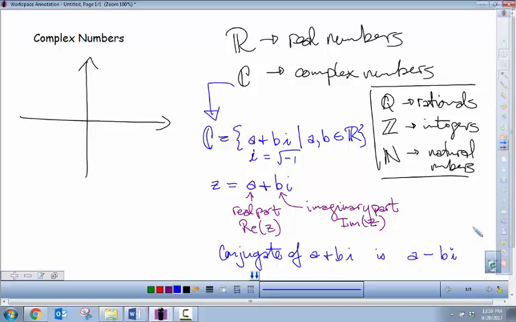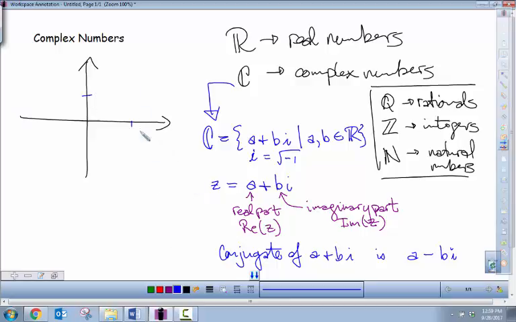So if your complex number is 2 minus 3i, then your conjugate is 2 plus 3i. Just switch the sign of the imaginary part. What else? There's the magnitude, which we don't need. The magnitude of this is, you know, well, whatever.